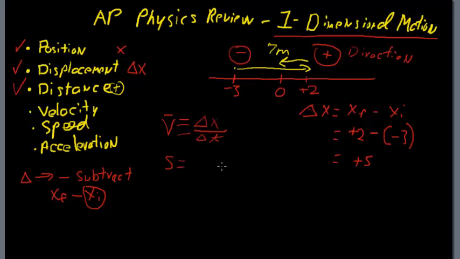It can be your total distance over your total time, or it can simply be the absolute value of your velocity. I'm going to come back and talk about these two in a minute.